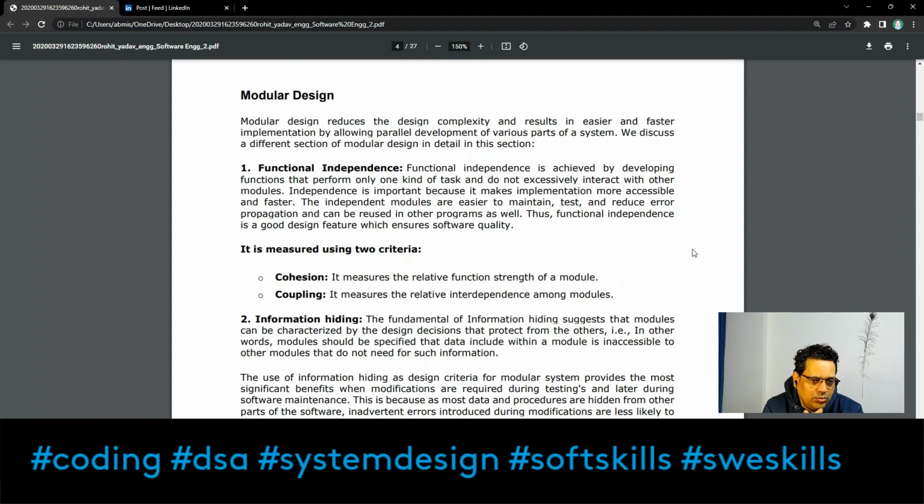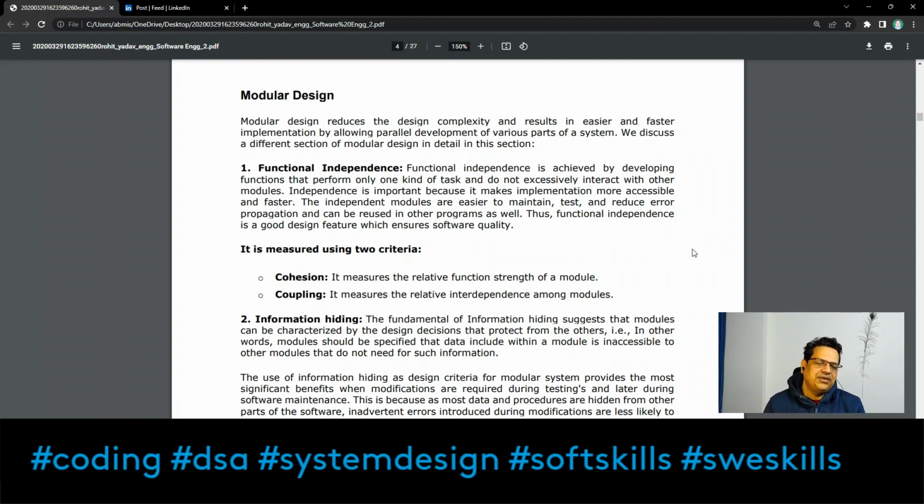Now, functional independence is a good design feature which ensures software quality on the basis of two major factors, cohesion and coupling. I'm sure all the experienced people here understand that your design is primarily evaluated based on cohesion and coupling.